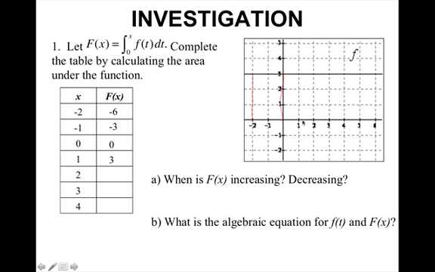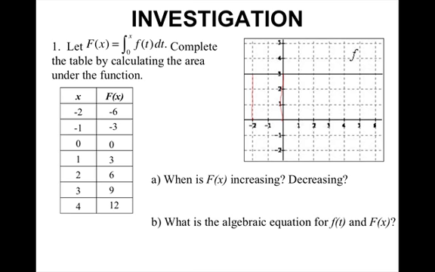Then I'm going to keep going. From 0 to 2, base of 2, height of 3, gives me an area of 6. From 0 to 3, base of 3, height of 3, so an area of 9. And from 0 to 4, a base of 4, height of 3, so an area of 12.